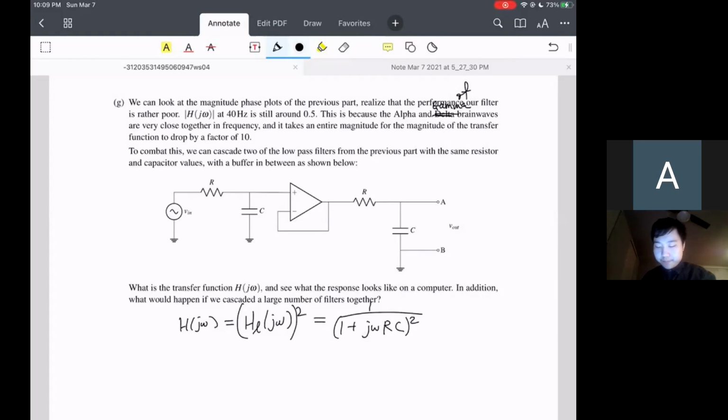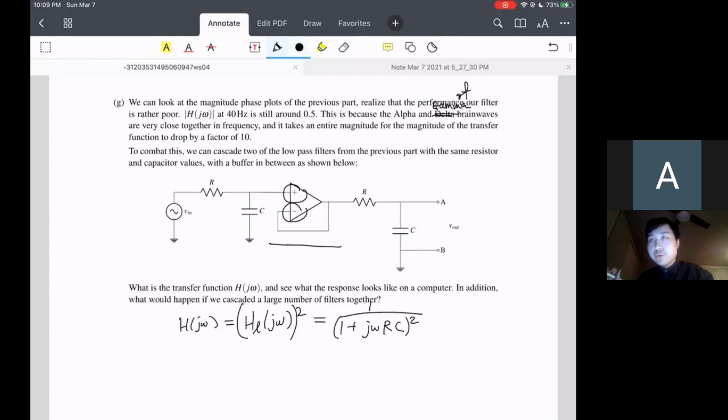All right. To get a sense as to why this is true, we notice that this buffer, if we assume that it's ideal, which we do in 16B, we have the two golden rules. The first golden rule states that there is no current flowing in and out of the input terminals. So that means there's not going to be current flowing between the filters, and these two filters are not going to be interfering with each other.